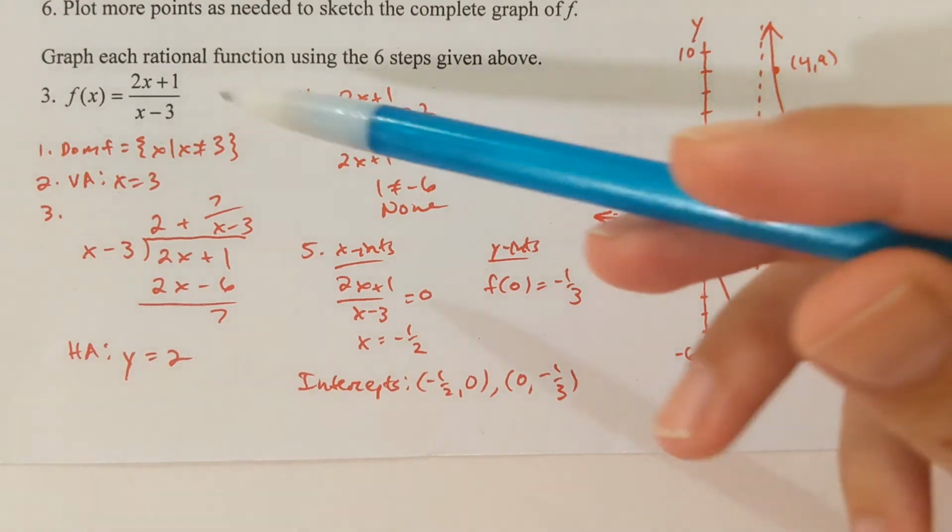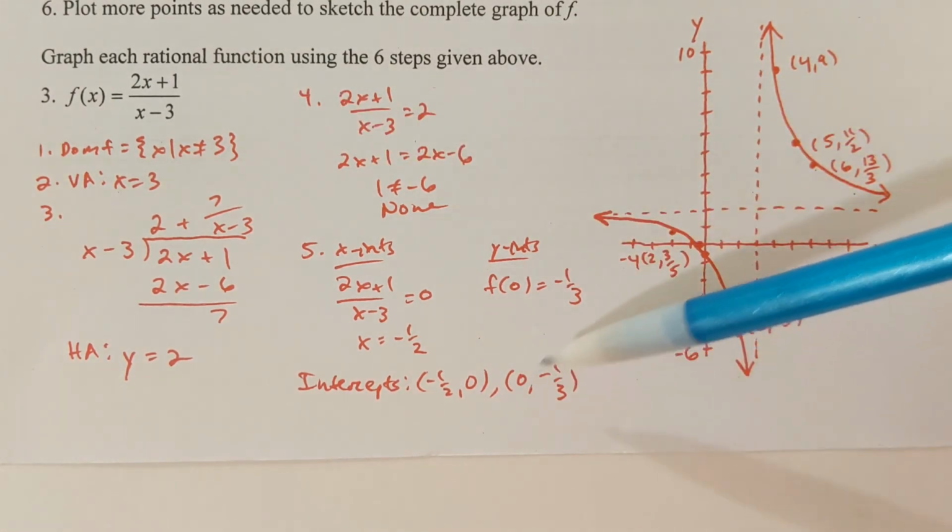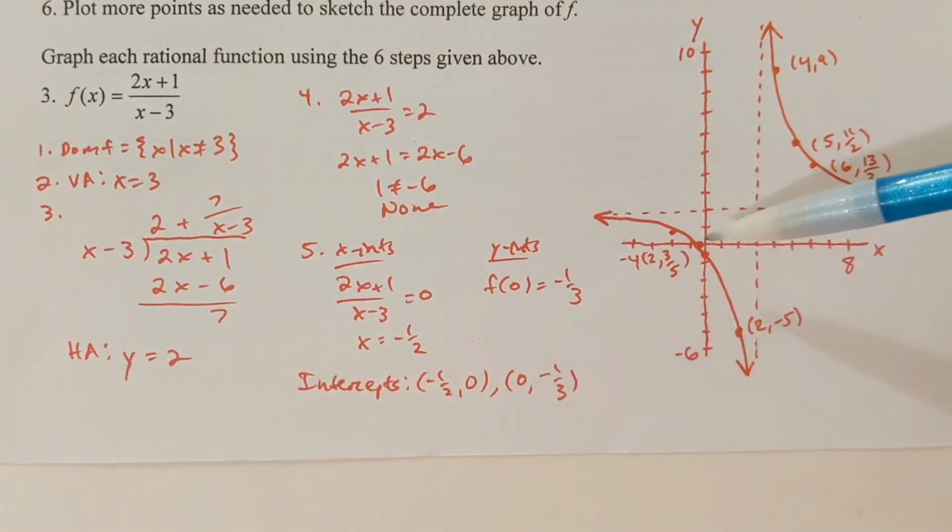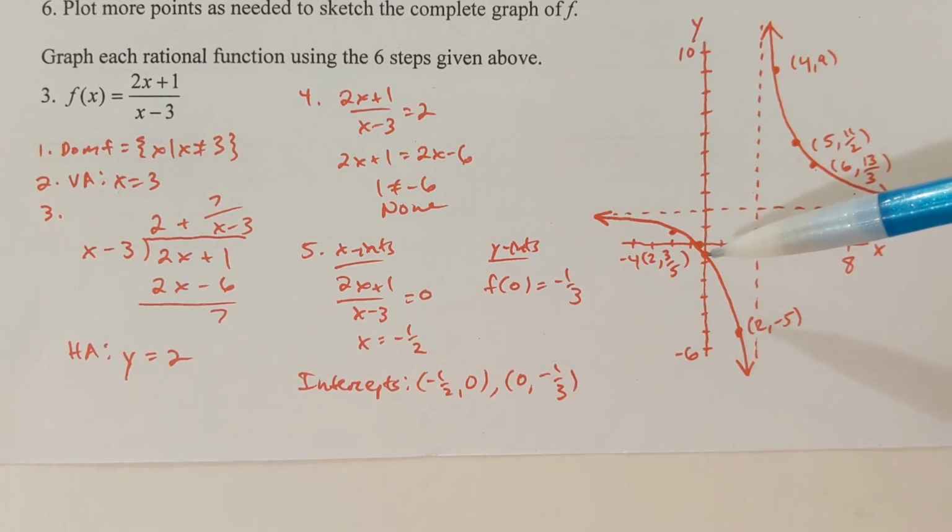When I let x be 0, I get negative 1/3. So two intercepts would be known on the graph. Here's 0, negative 1/3, and here's negative 1/2, 0. After doing all that work, I only know 2 points on the graph, and I also know the asymptotes. Here's y equals 2, and here's x equals 3. That's not a whole lot.